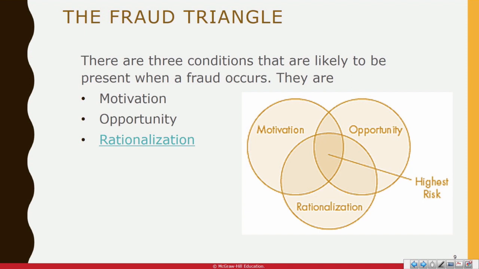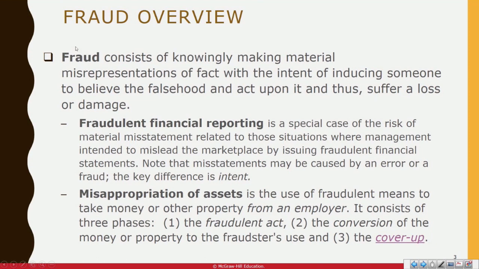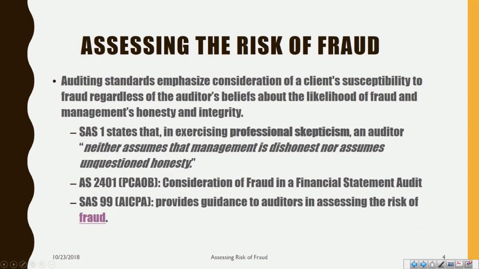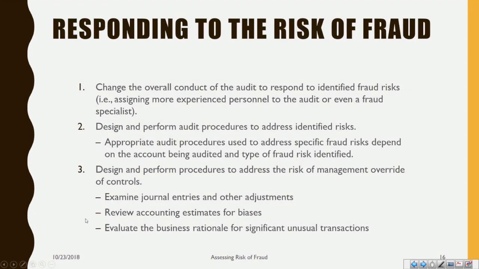So basically the framework just says when these three things intersect, there's the highest risk that fraud occurred. So in terms of the auditor's responsibility, the standards say, as I said, assess the risk of fraud. Think about where that fraud might be, how it could be perpetrated, where it is likely to be reflected in the financial statements, and adjust your audit procedures to address that.